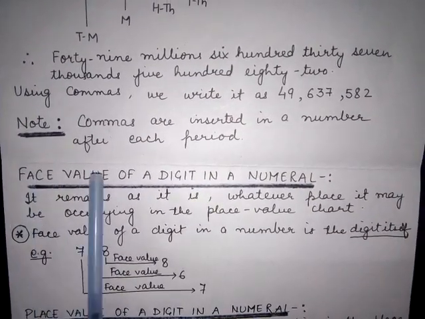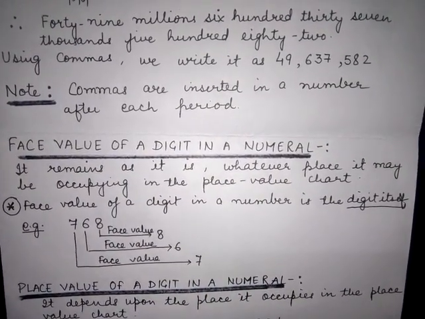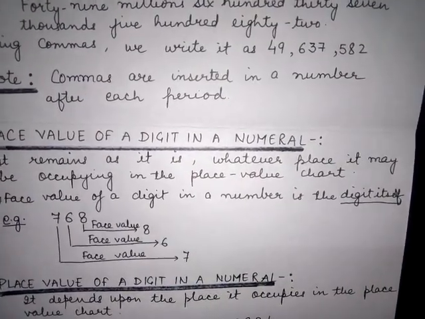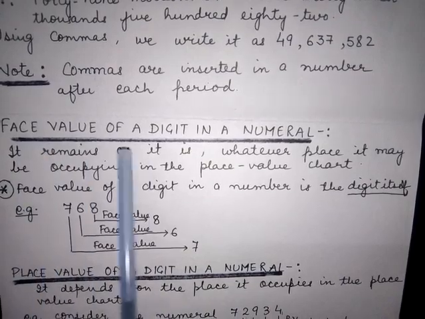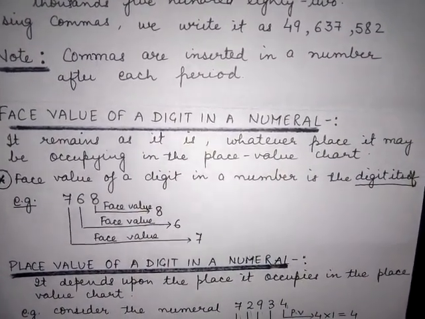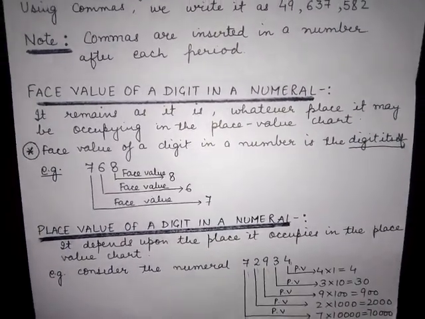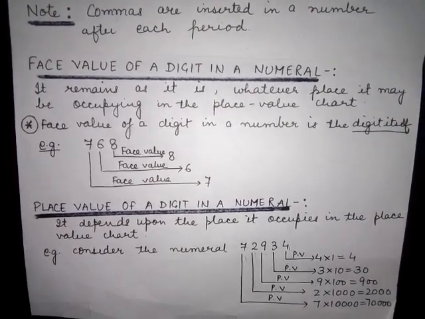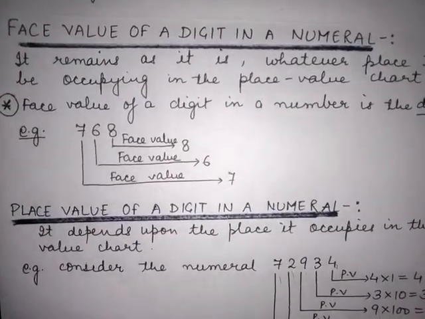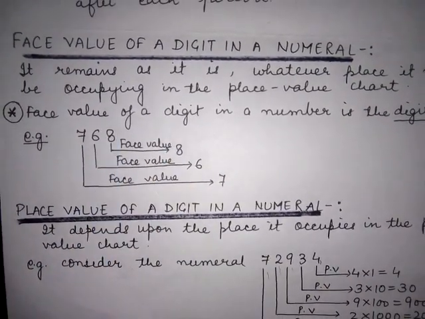Now, face value of a digit in a numeral. What do you mean by face value? Face value of a digit in a number is the digit itself. Means it remains as it is, whatever place it may be occupying in the place value chart. By this example also you can understand, here is a numeral 768. In this 768, we have to find out the face value of each digit. So here the face value of 8 is 8.